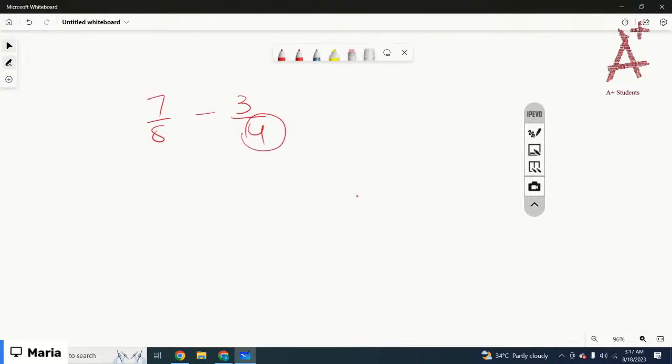So 4 times 2 makes 8. So you have to multiply this fraction by 2, right? So it would be 7 over 8 minus 3 times 2 is 6 and 4 times 2 is 8. They have like denominators, just subtract their numerators. So 7 minus 6 is 1, that would be 1 over 8.